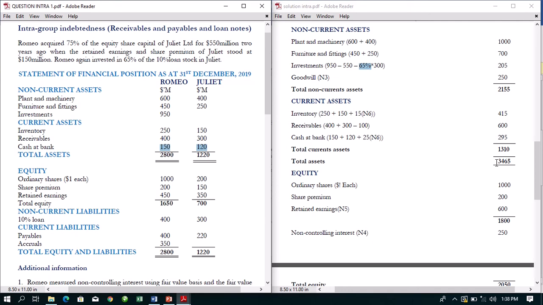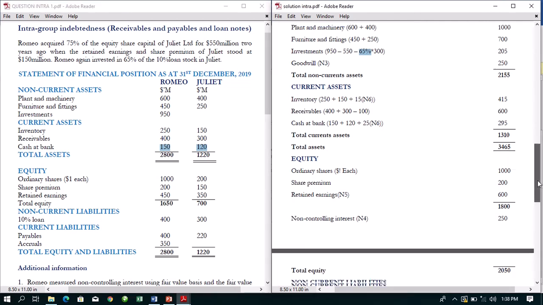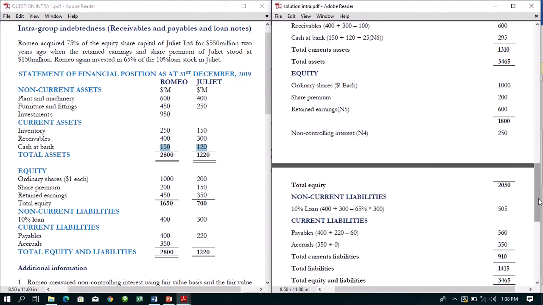So we can then move forward to check the equity aspect of this question. I'd like to emphasize this in every video. Whenever you are consolidating, you don't consolidate the equity of the subsidiary. The only thing we consolidate is the equity of the parent company. As such, ordinary shares in this question is 1,000 and I bring it in. Same thing, share premium here is 200 and I bring it in.